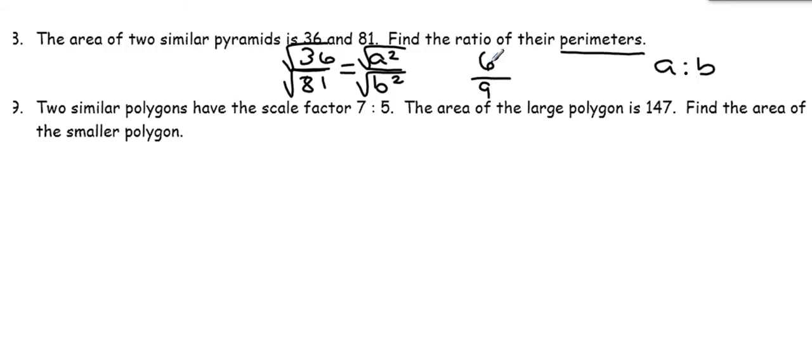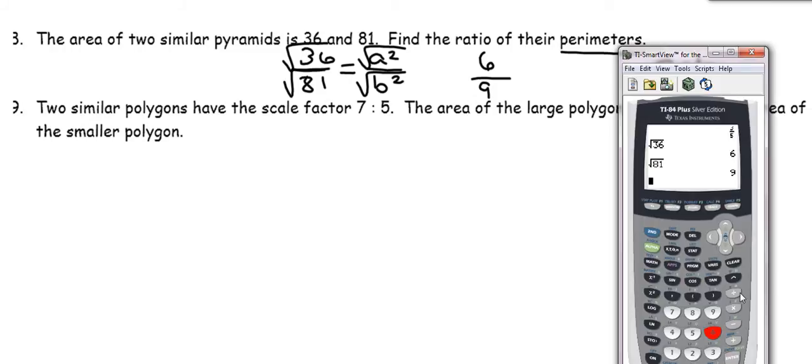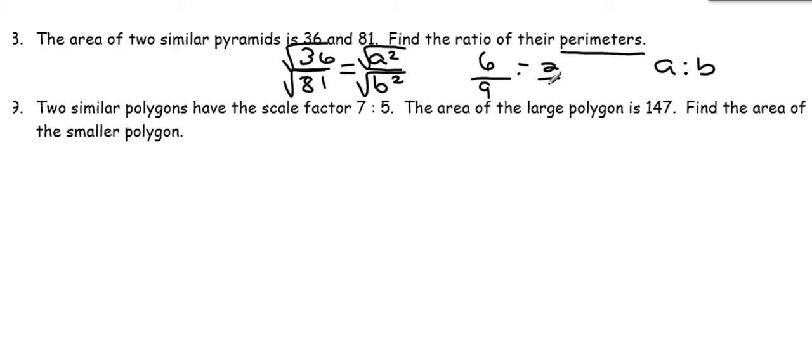And then of course I want to check to see if this reduces. 6 divided by 9, math, enter, enter. And that gives me a fraction of 2/3, which represents my a to b. So the ratio of the perimeters a to b is 2 to 3.